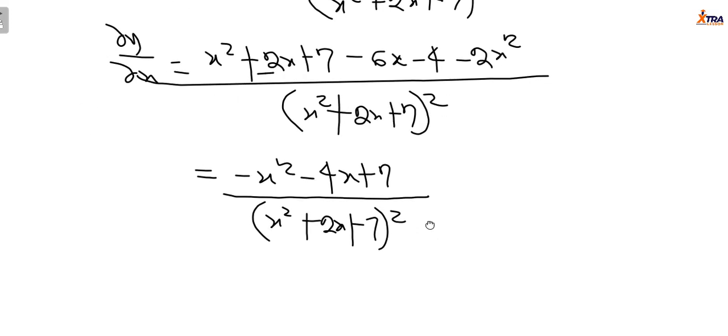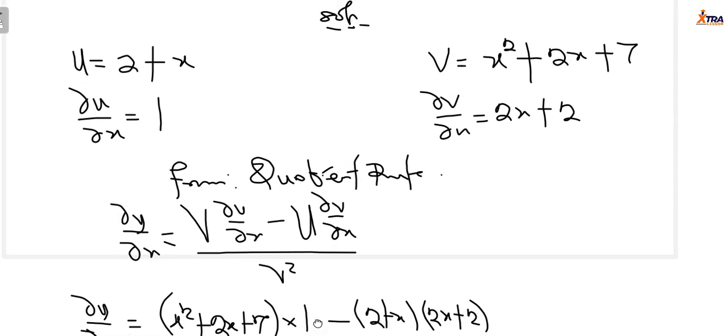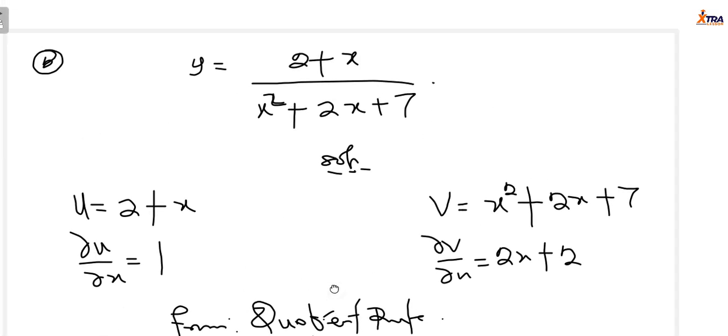So that's the final answer for the derivative of y equals 2 plus x over x squared plus 2x plus 7.